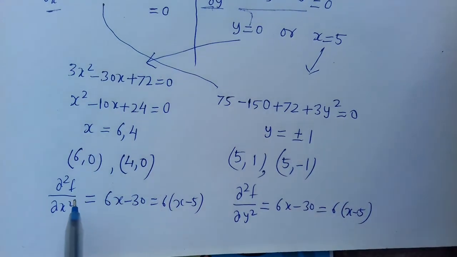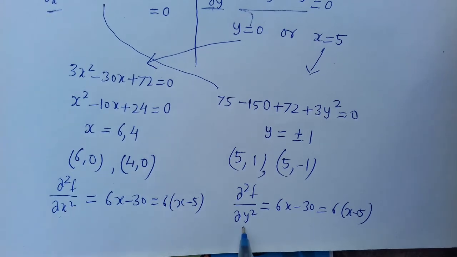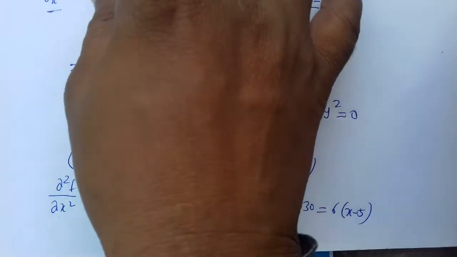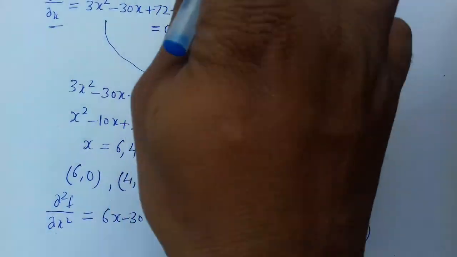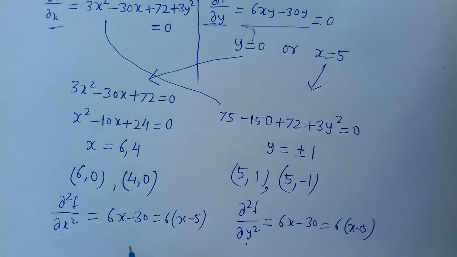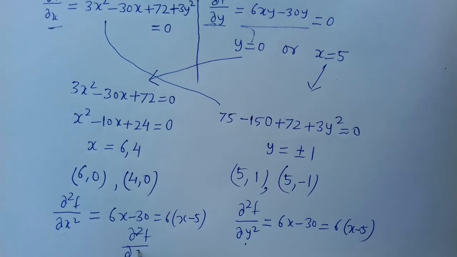Here you see the second derivative is with respect to x both times, and here also with respect to y, but we now take a mix. Mix means we take del f by del x, so we get del square f by del x del y.